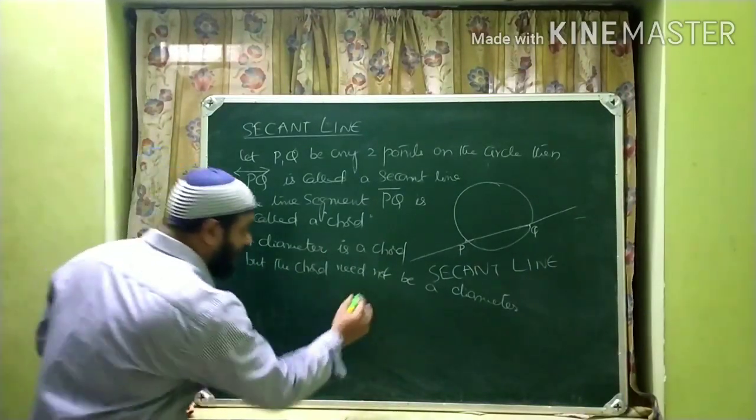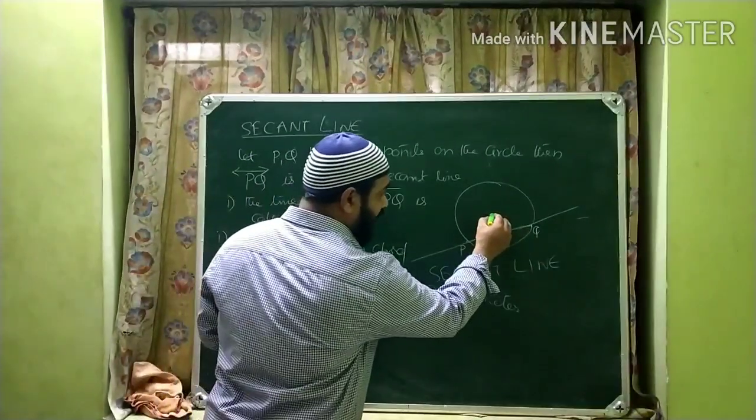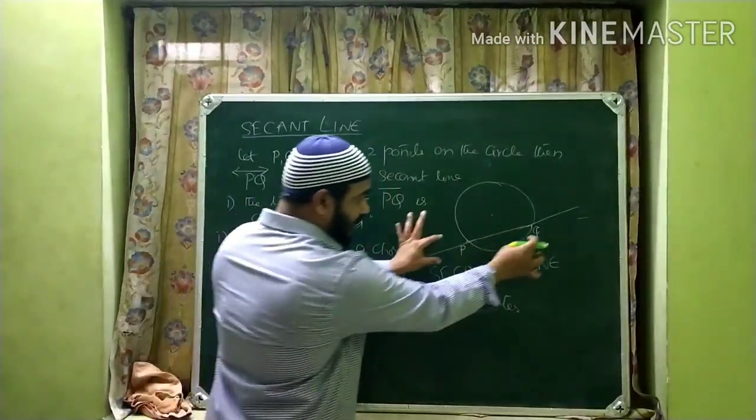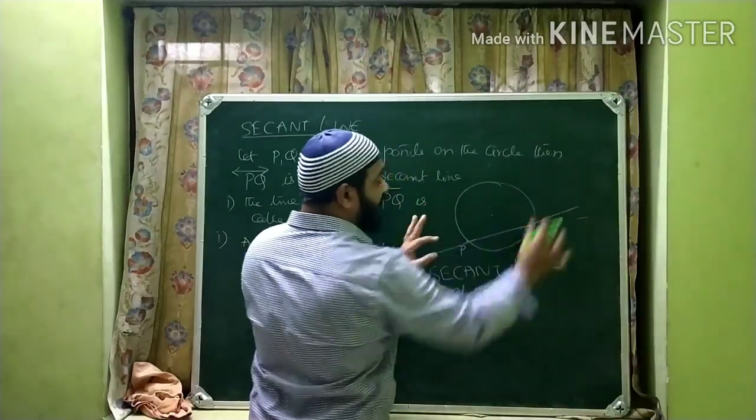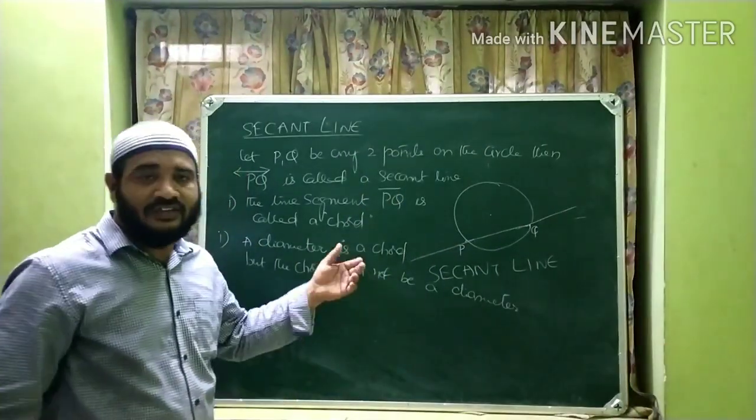So this is the circle. If this chord PQ is passing through the center of the circle, then it is said to be a diameter.